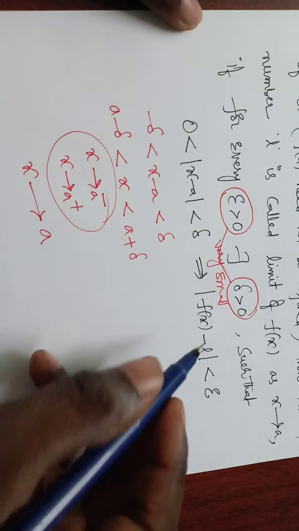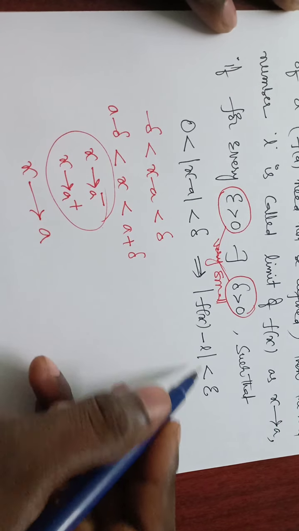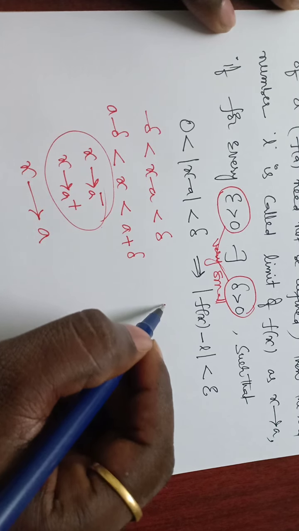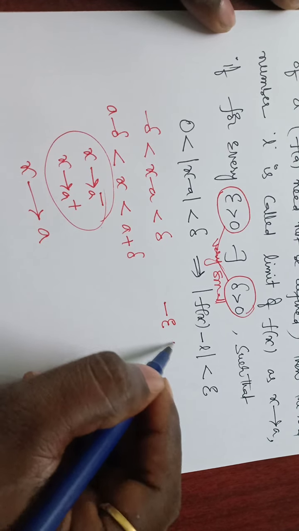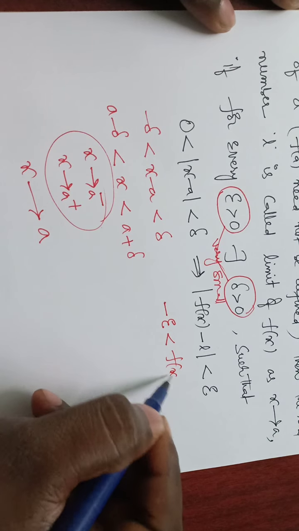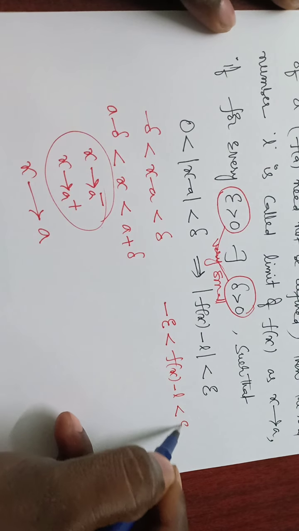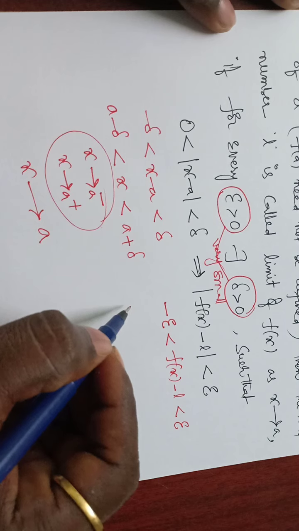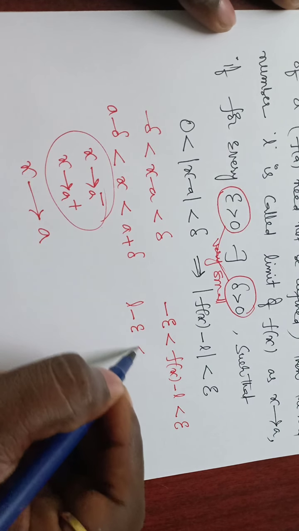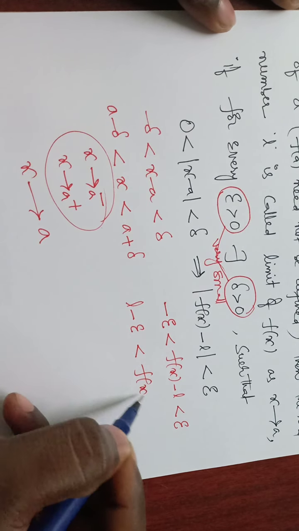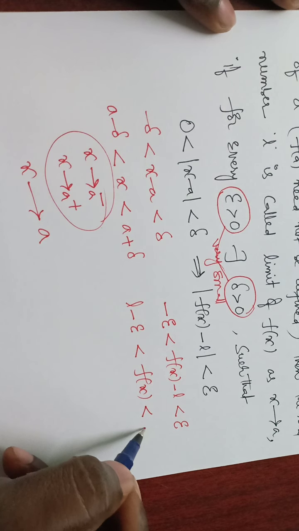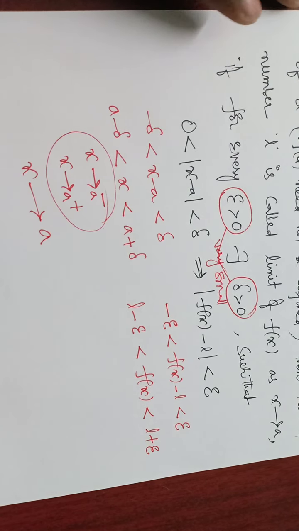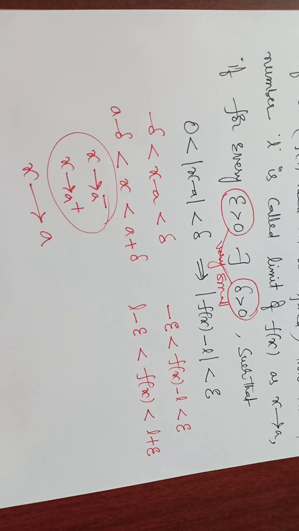Now come to modulus of f of x minus L less than epsilon, which means f of x minus L lies between minus epsilon and plus epsilon, and f of x lies between L minus epsilon and L plus epsilon.